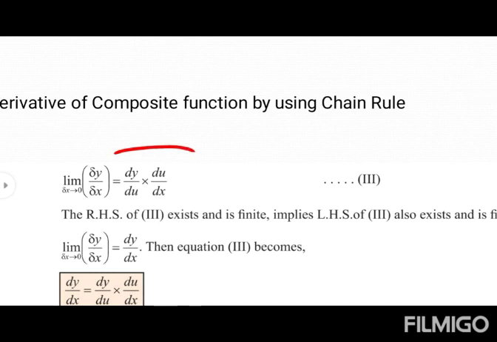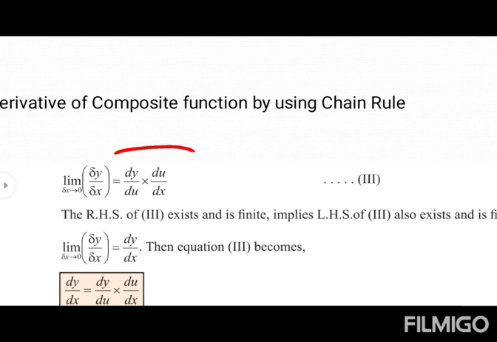Now in equation three, the right hand side of the equation exists and is differentiable, but the left hand side still contains the limit. So what do we mean by the statement of an equation? If the left hand side exists or the right hand side exists, then the other side of the equation should also exist.